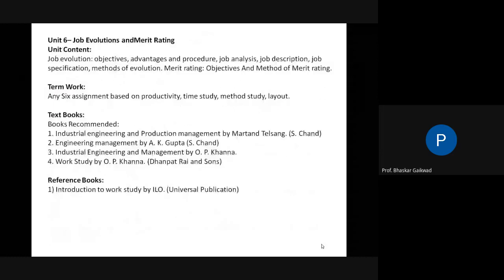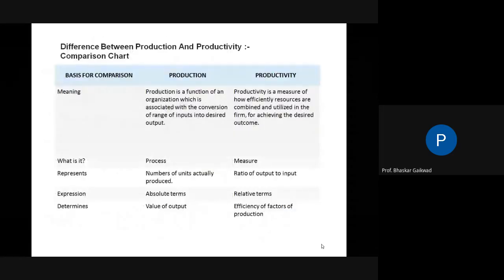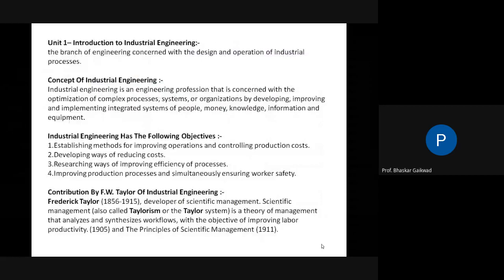Let us go through the revisions of this, and then we will go to the next unit, that is the method study. In the last 2, 3 lectures, we have gone through the introduction to industrial engineering. So what is actually industrial engineering?